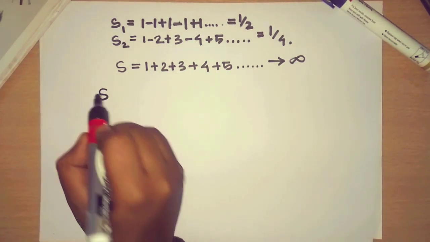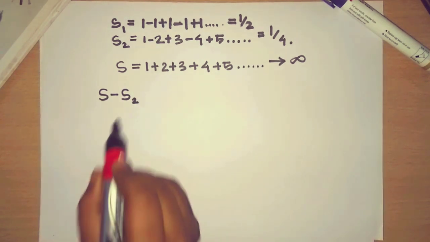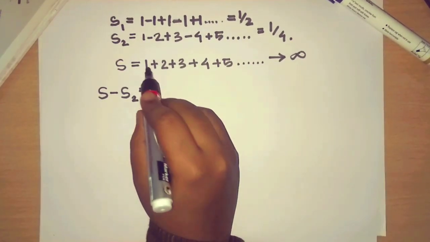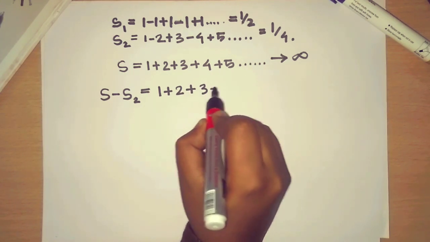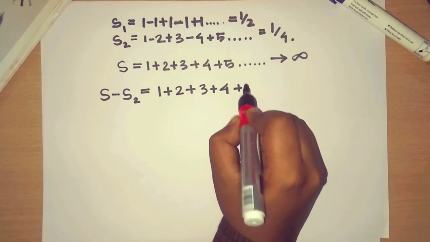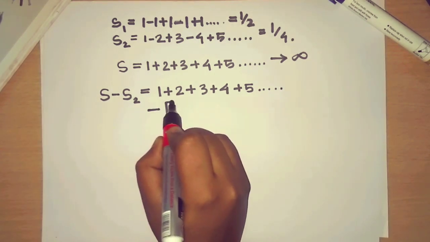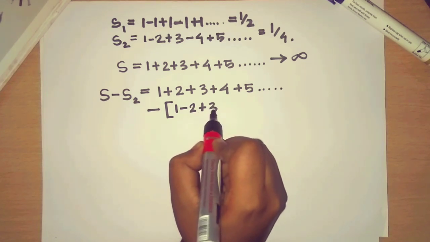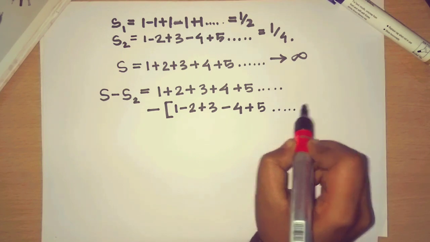We will subtract s2 from s, that is s minus s2. So what is going to be the value? We will first write the value of s, 1 plus 2 plus 3 plus 4 plus 5, minus s2, that is 1 minus 2 plus 3 minus 4 plus 5.